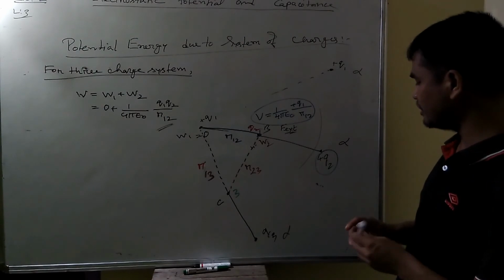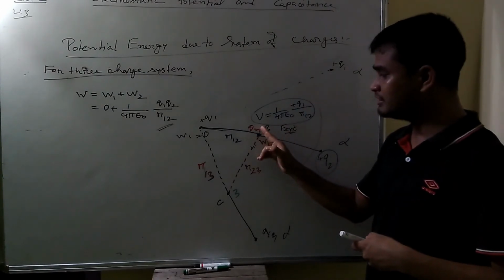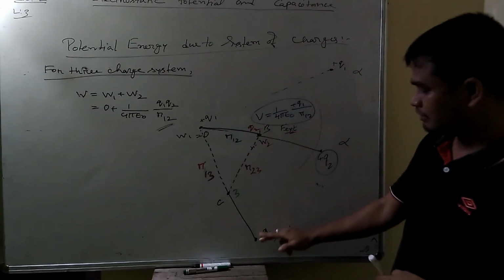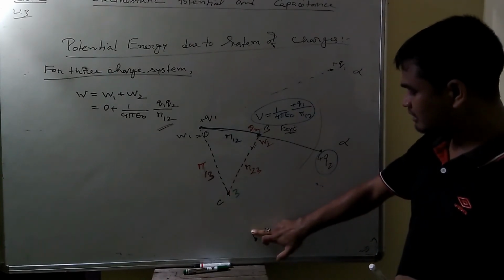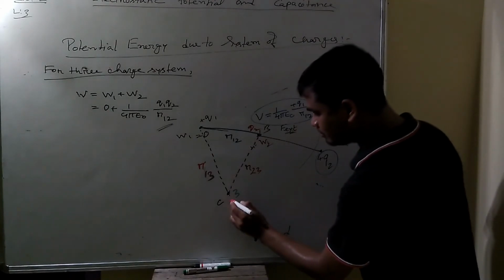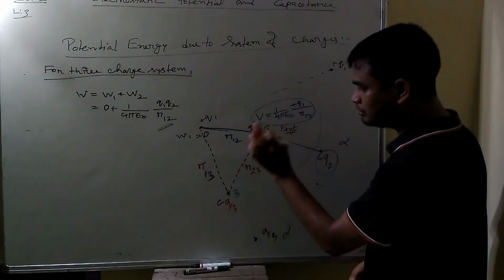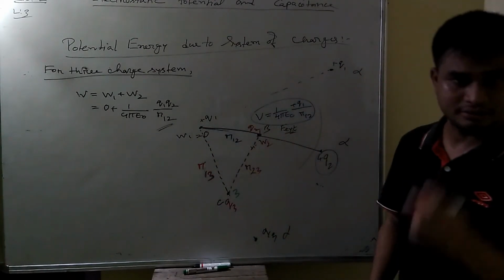We already brought Q2 to its position, so Q2 is here and Q1 is here. Therefore, we have to apply force against the force between Q3 and Q2, and Q1 and Q3.